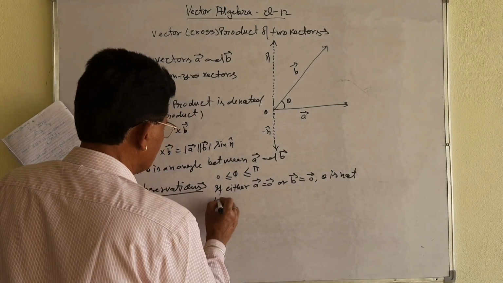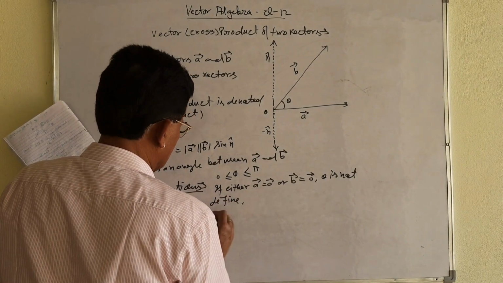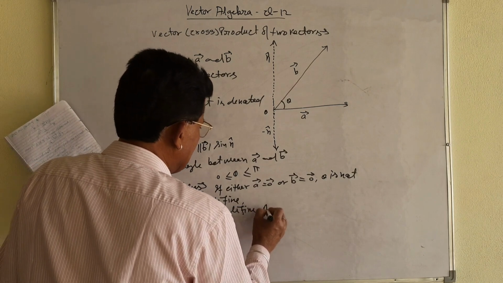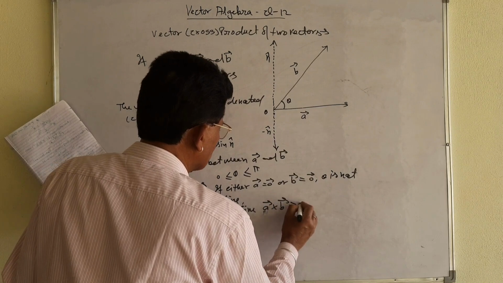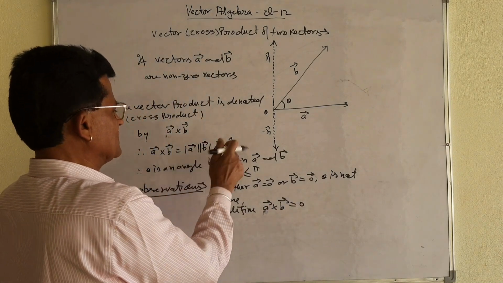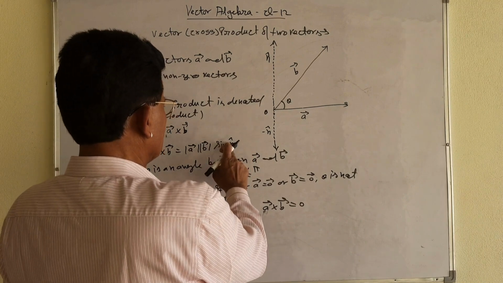Then what do we define? We define only vector A cross vector B. It will be equal to 0, because you see in the definition, sin theta, this is the theta angle.